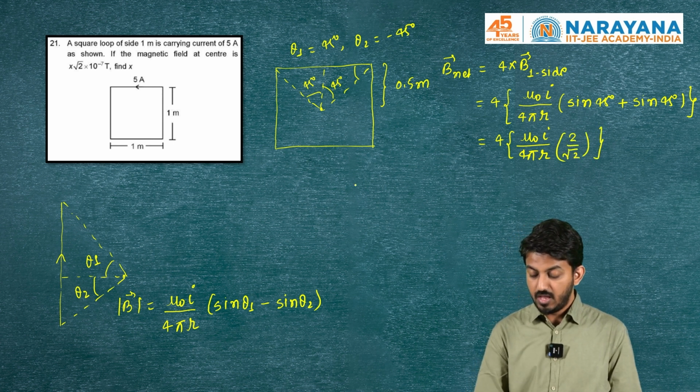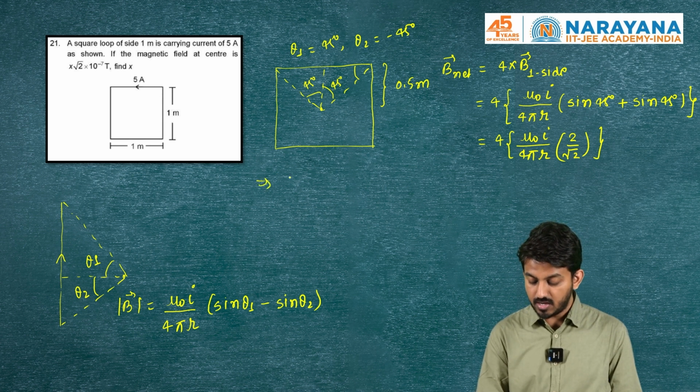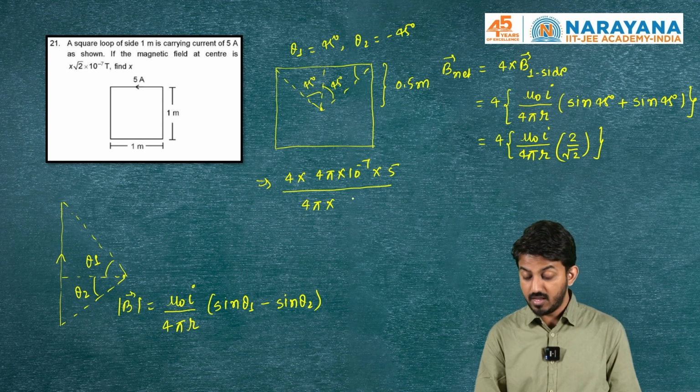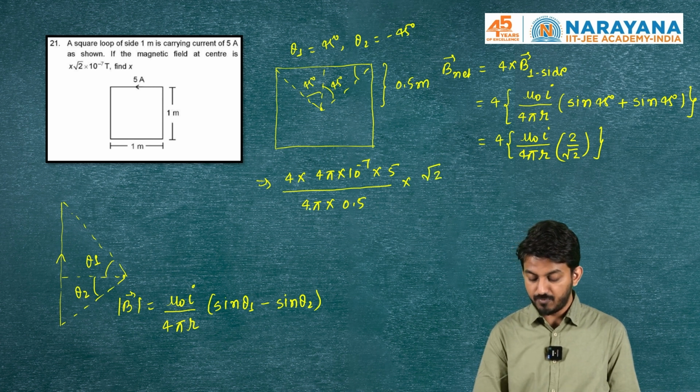root 2. Now to get the final answer, I'll get 4 times mu naught is 4 pi into 10 to the power minus 7. Current is said to be 5 ampere divided by 4 pi, and r here is going to be 0.5, half of the side, and here we get root 2. 4 pi and 4 pi get cancelled.